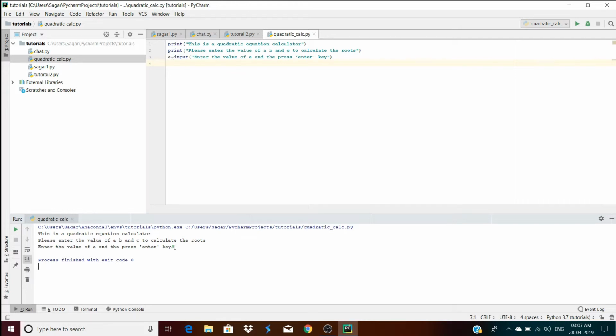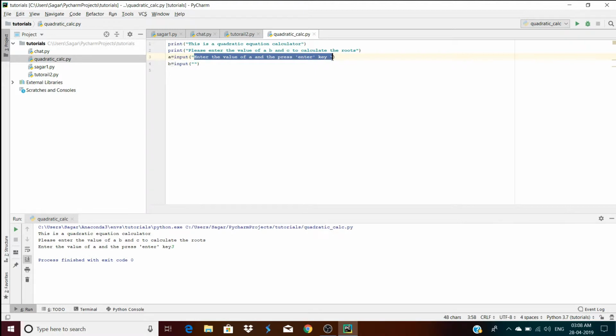Fine. So now we are supposed to do it for b, and we'll do the same thing. Input of double quotes, and then we'll write enter. Let me just copy the above thing and make the necessary changes so that I could save my time. Fine. So: enter the value of b and press enter key.